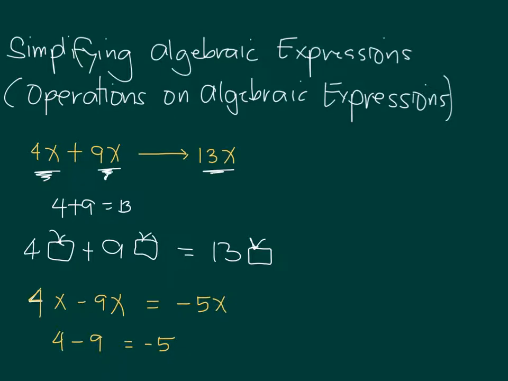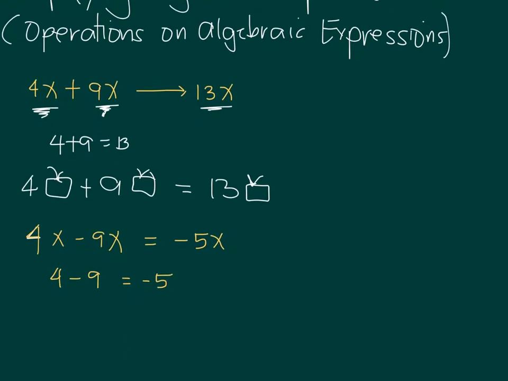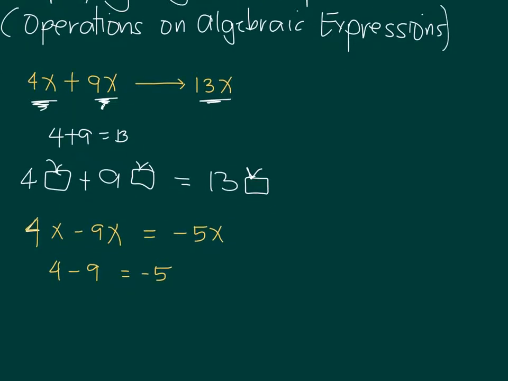Okay? And for some straightforward expressions like 9x minus, say, 4x, think of 9 minus 4, so that's 5. So you're subtracting 9x and 4x, so you have 5x. Okay? So you should know how to add, and you should know how to subtract expressions.